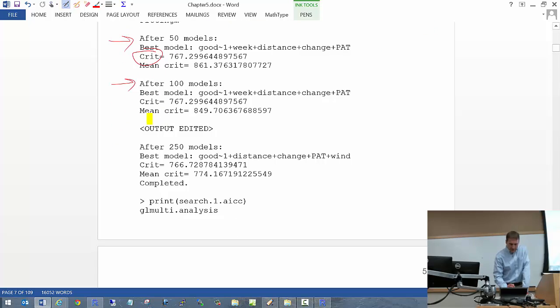And eventually, after 250 models, we get down to there. Remember, there's 256 models in total, but this only shows after every 50 in terms of what's automatically printed to your screen. At least after 250 models, this one was the best. The 1 here corresponds to an intercept, then distance, change, PAT, and wind.